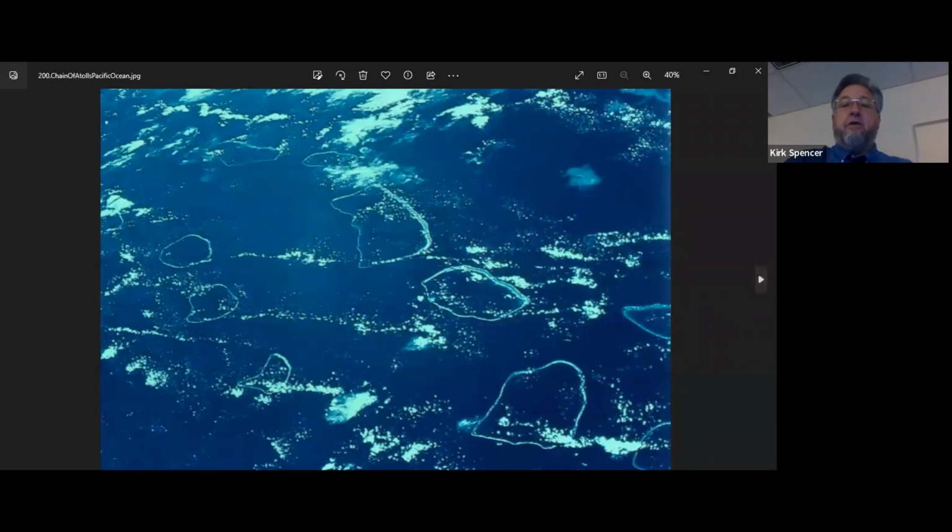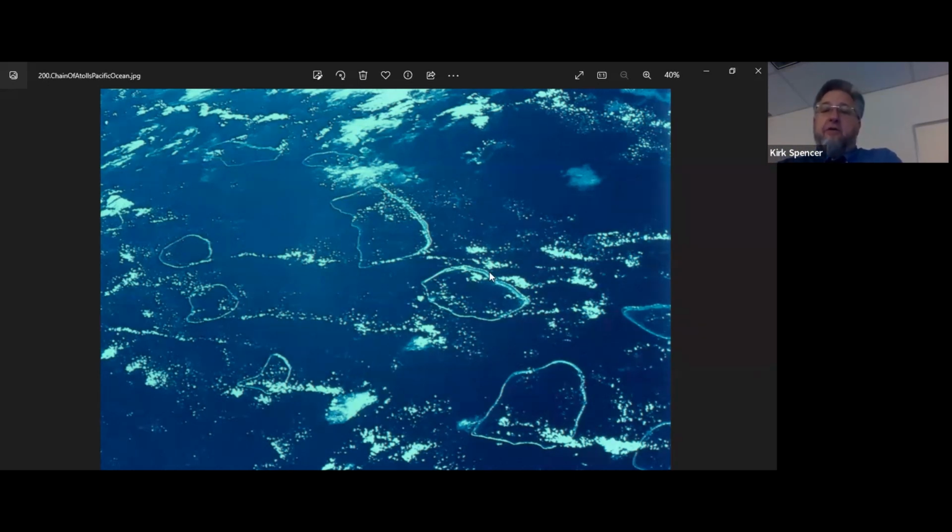As the shield volcanoes sink into the ocean in the more tropical areas, they form reefs, these growing boundaries around the edges. And as the volcano goes below the surface, the reef continues to grow upward because it's alive, essentially. And the reef is growing faster than the island sinking, so it can keep up with the sinking.